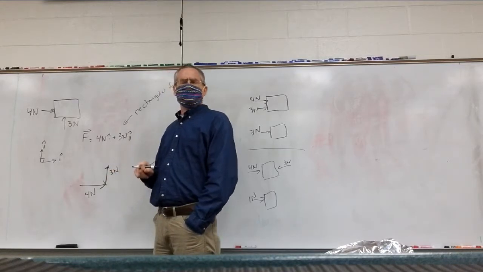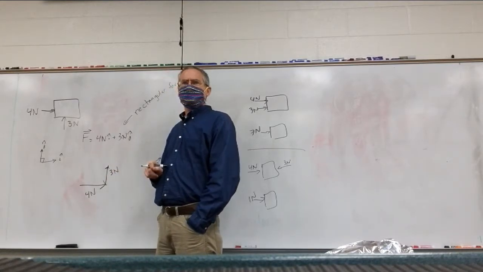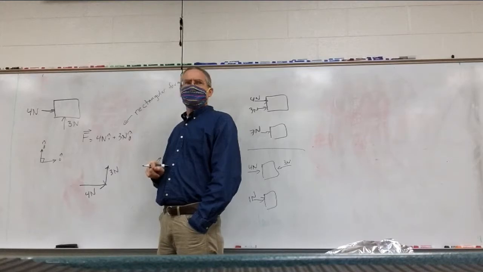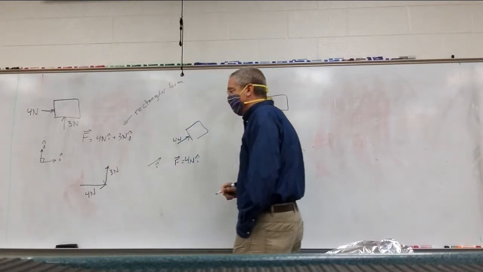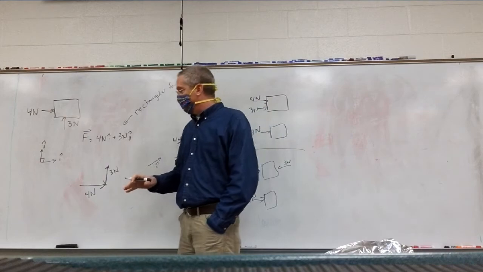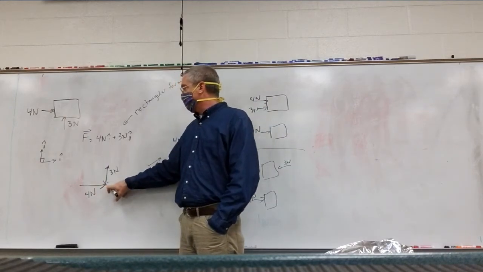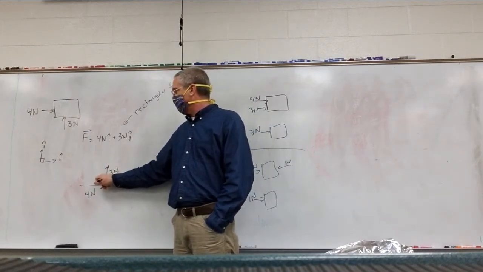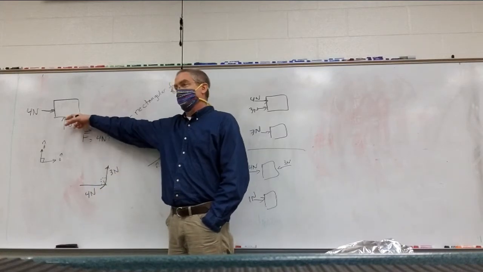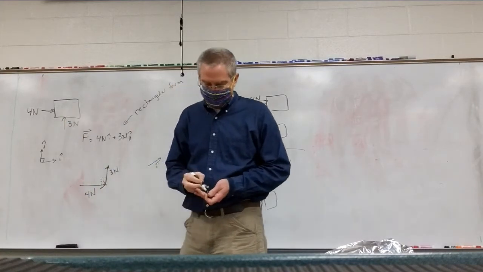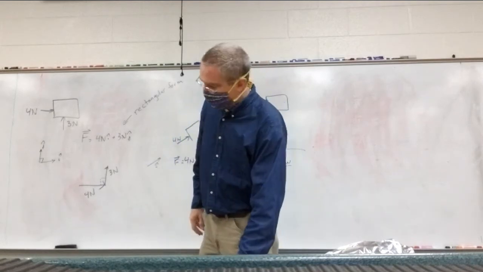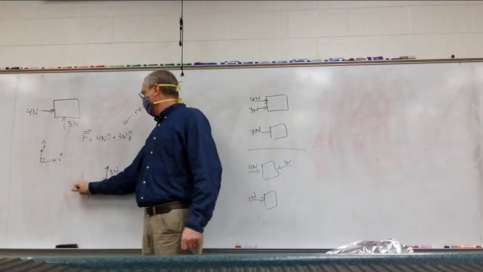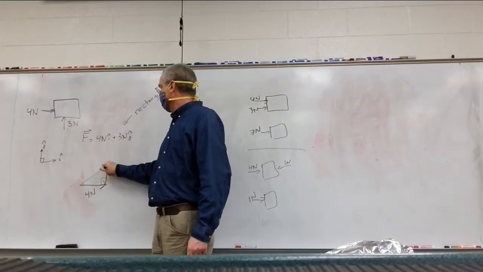And I don't think I did this last time. Head to tail? No? Okay. So when you add vectors, you can add them graphically using head to tail. So I have 4 newtons to the right, 3 newtons up. That is a right angle there because they're perpendicular to each other. The sum is a vector from where we start to where we end.